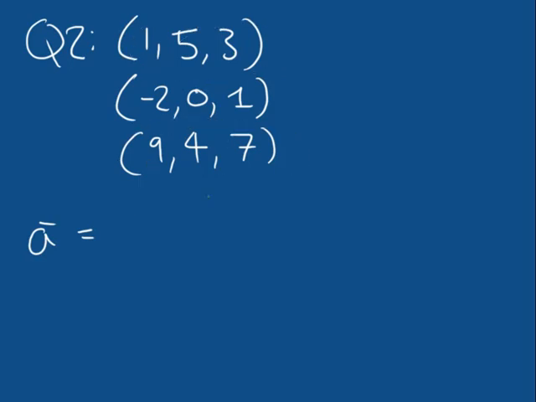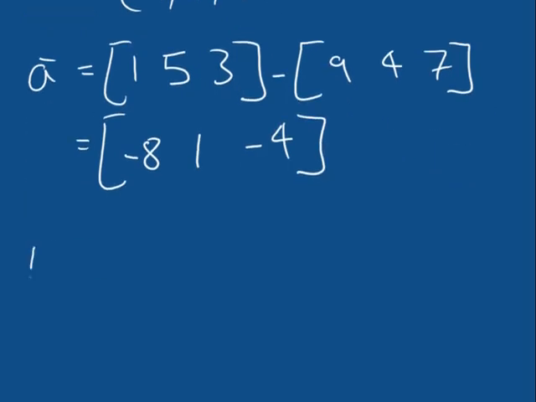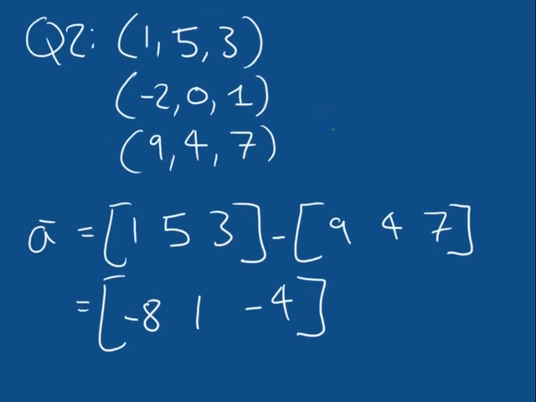Again, we saw that in our position vector video, so 1, 5, 3 minus 9, 4, 7, which is equal to 1 minus 9 is minus 8, 5 minus 4 is 1, and 3 minus 7 is minus 4.